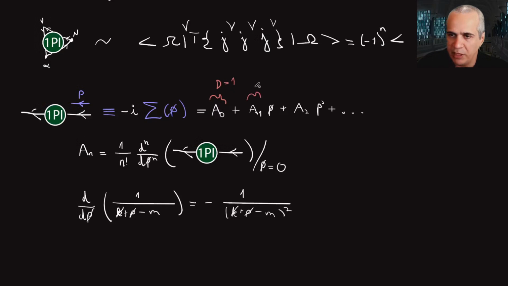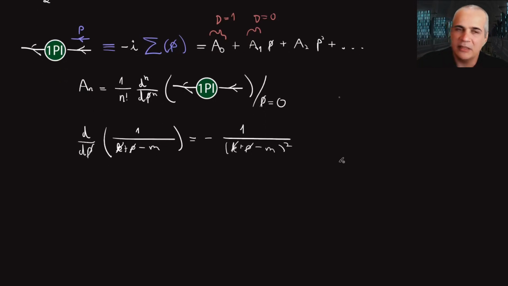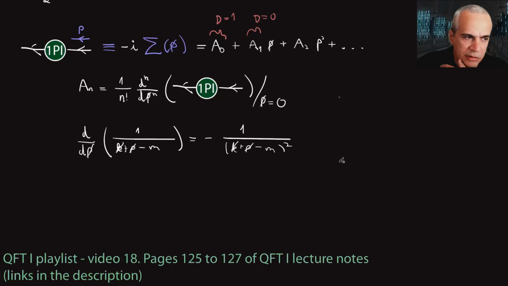This one will be logarithmically divergent, and then the rest of them are finite. Again, UV finite, right? But now, again, symmetry kicks in, right? In this case, it is a symmetry that we also mentioned in quantum field theory 1, which is the chiral symmetry, right? Let's try to quickly remember what it is all about, right?